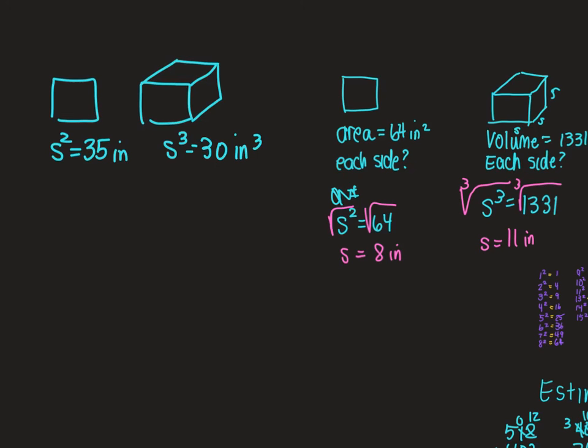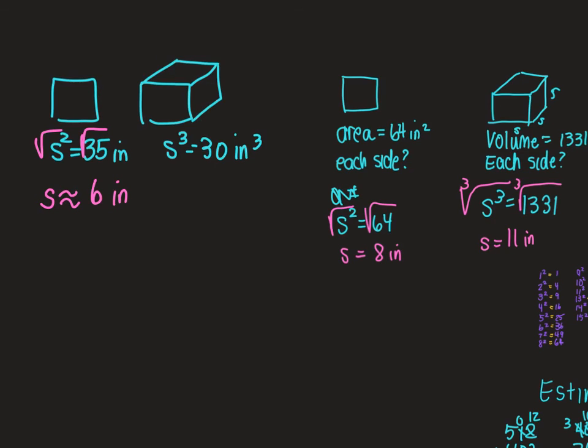Okay, let's look at this one. If side squared is 35, and you go back to your list, I square root each side. Oh, it's not going to be exact. Each side is going to be approximately how long. So part of your homework will want you to estimate.